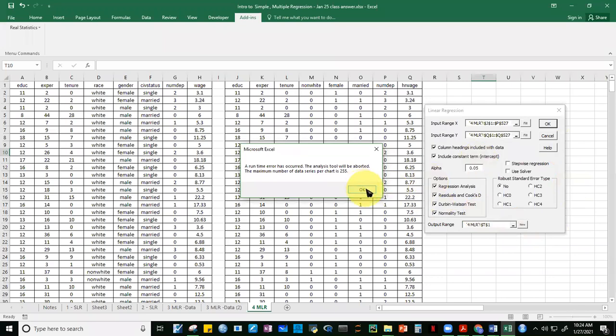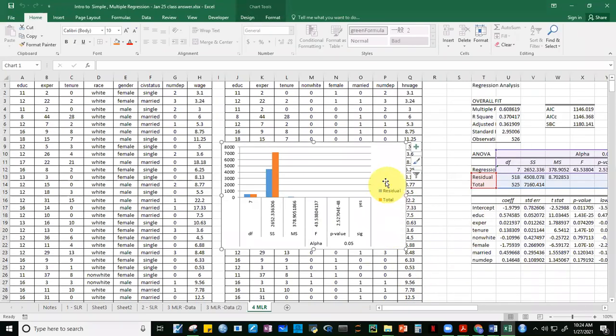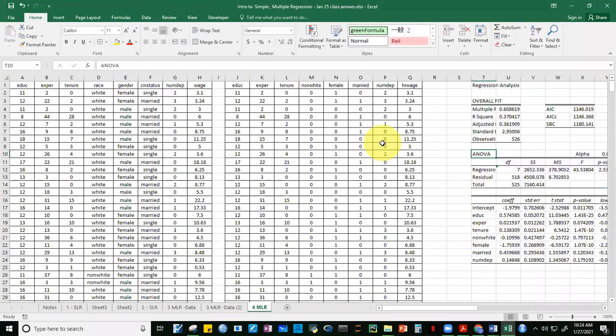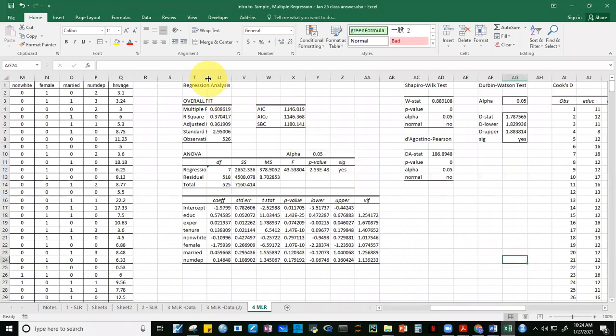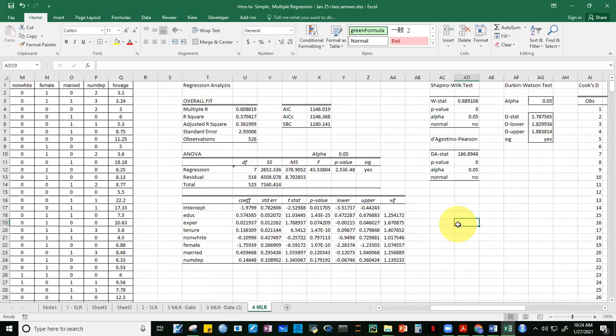Ano nangyari? Ba't may mga plots to? Na-click ba ako ng mga plots? Okay. So you have the output, guys. Paki-chat nga kung okay so far. May I know, guys, if you were able to generate the output?